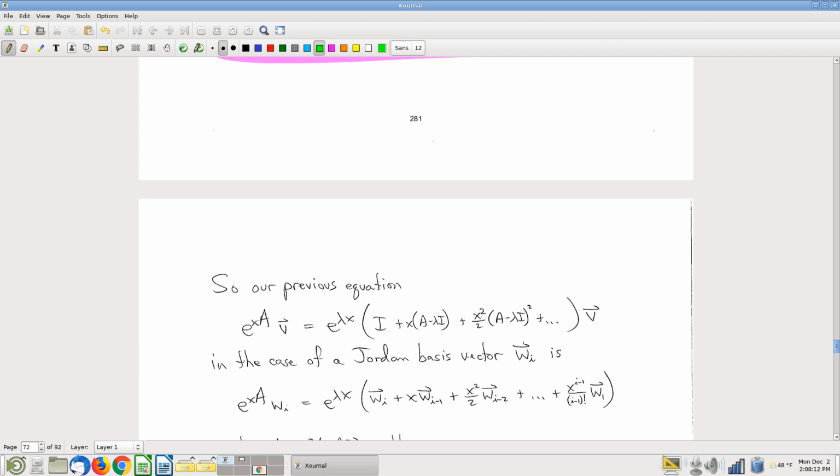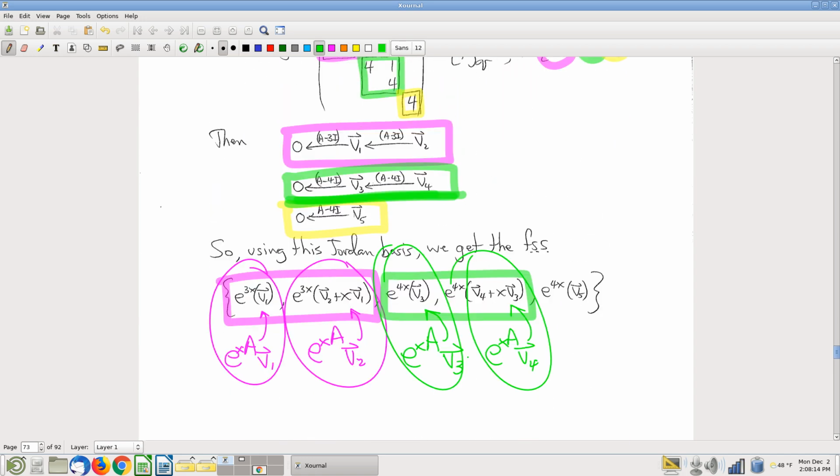So over here, corresponding to that green block, V3 is the first basis vector corresponding to that block. So for both of these, we stop when we get to V3. Okay. And then likewise for the yellow block, we get that solution. Okay. All right, so something to be careful about.